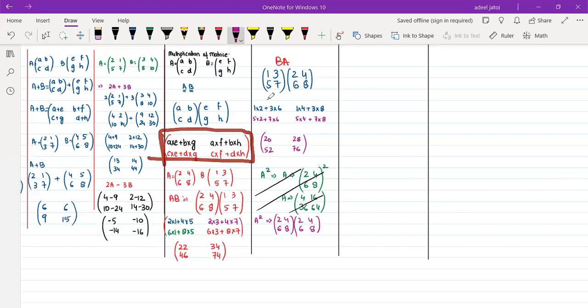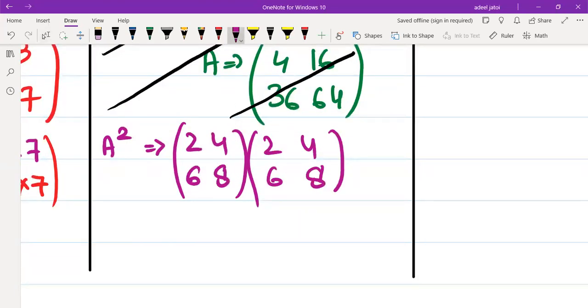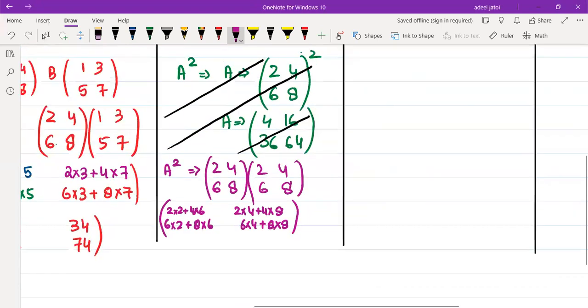That means normal multiplication of the matrix will take place, which will be row into column. So just doing it quickly, there should be 2 into 2 plus 4 into 6, 2 into 4 plus 4 into 8. Then we have 6 into 2 plus 8 into 6. And then we have 6 into 4 plus 8 into 8. And then when we multiply this, we'll get the answer for A square.